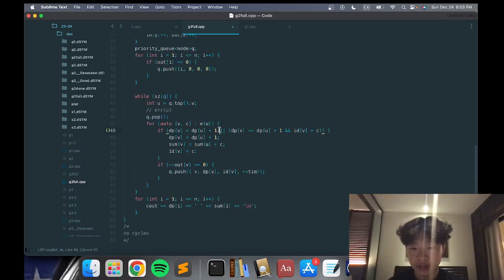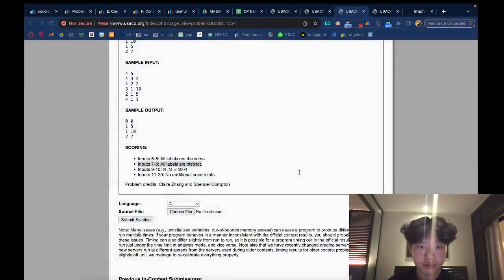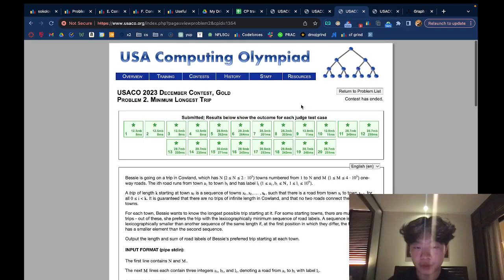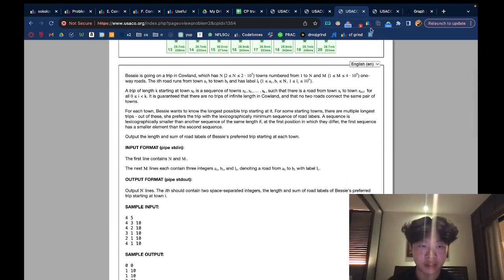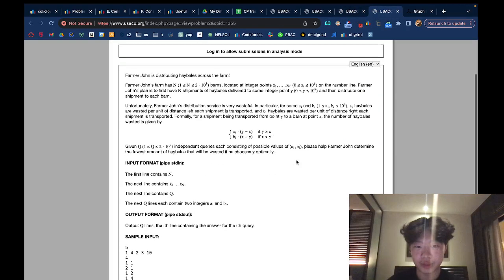That means if it's the same distance, then the paths with the smaller lexicographic order will arrive first. Okay, so that's basically problem 2. It's probably the hardest problem in this set, but it's all pretty easy still.